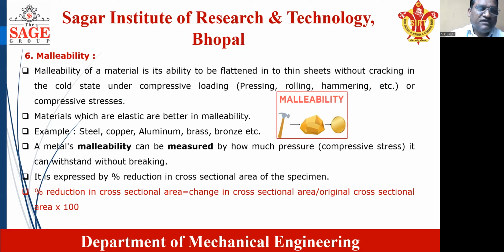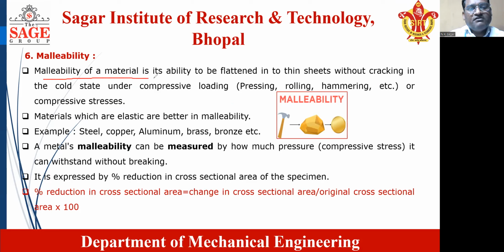The five properties we discussed in the previous session are strength, hardness, brittleness, ductility, and toughness. The next property is malleability. How to define malleability?